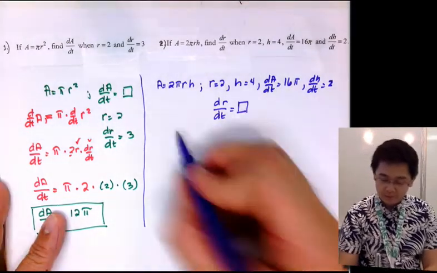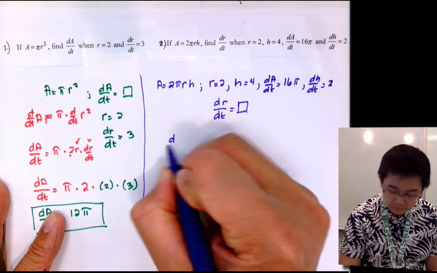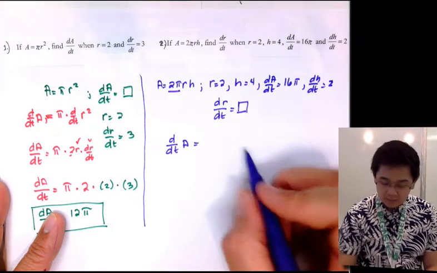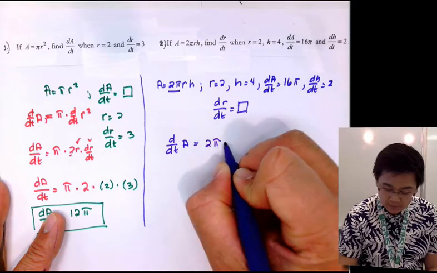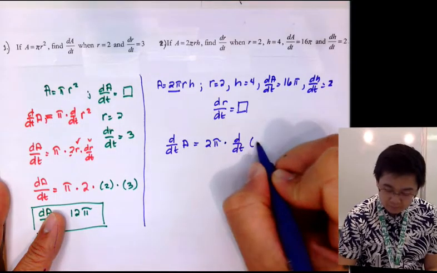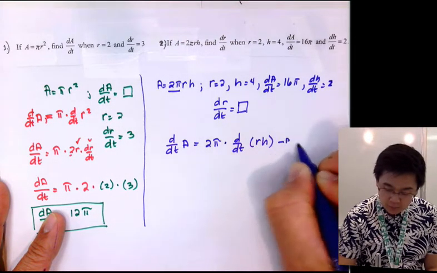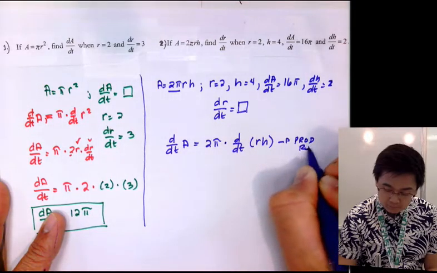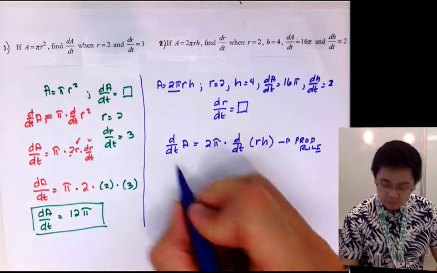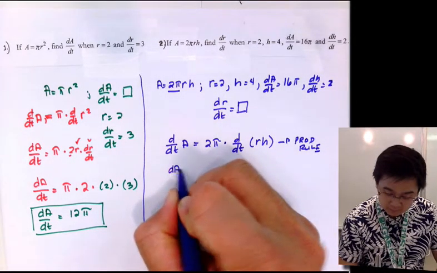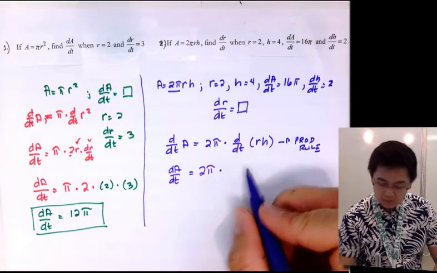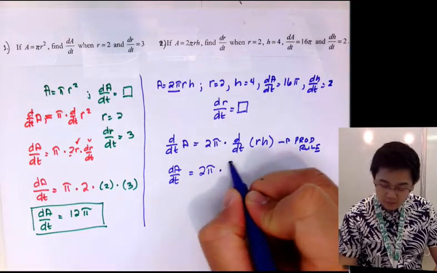So that's what we're going to be looking for. So let's take the derivative of A with respect to time. 2 pi is a constant, so let's set it aside, and take the derivative of the product of r and h. So that means we're going to be using the product rule. To take the derivative of each term, derivative of A is simply dA over dt. 2 pi is just a constant, so let's set it aside. And now we can focus on the derivative of rh.